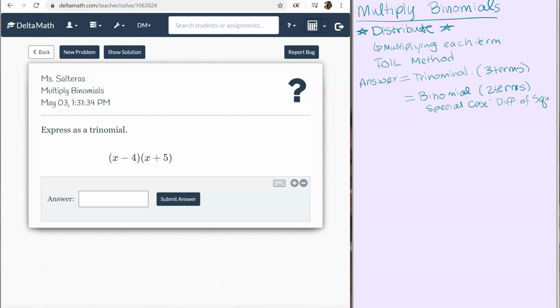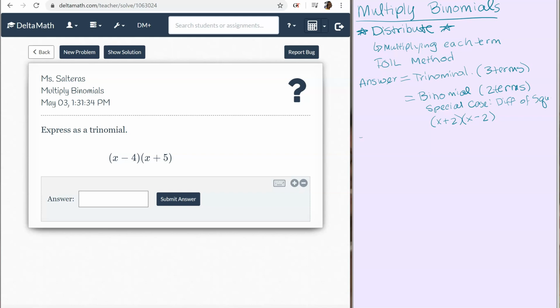What do I mean by the same binomial? If we have x plus 2, the x has to be the same and the 2 has to be the same, but instead of a plus sign, it's a minus sign. That's just an example of a difference of squares. So if all of the exponents or the variables or the numerical values are different, you're always going to get a trinomial for your answer.